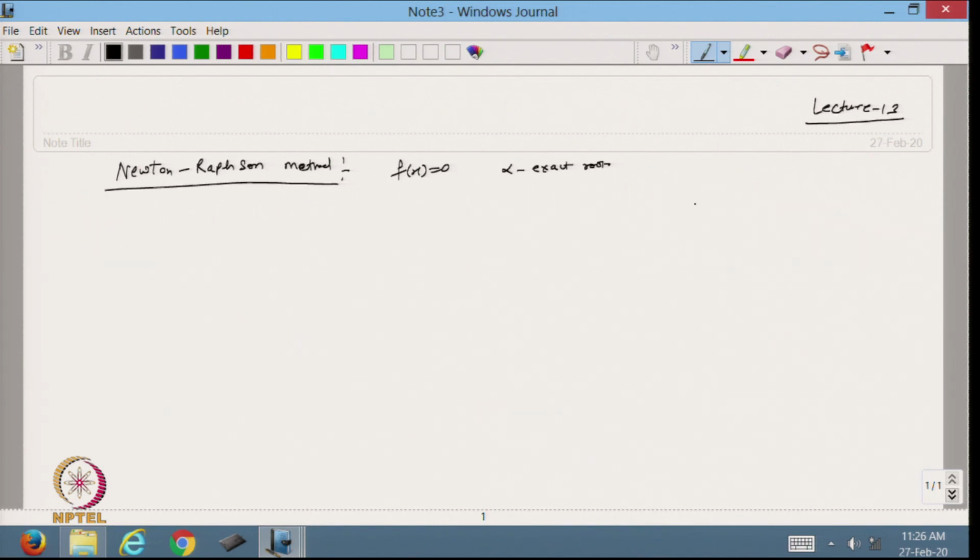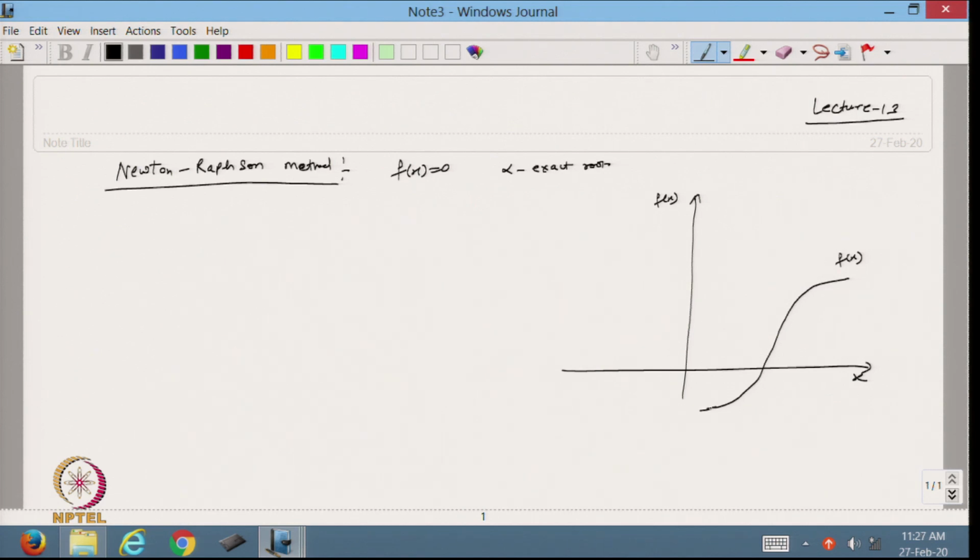For example, let this be my x axis and this be my f(x), and that is my function. In this case, I start with a point, and I call it x0.